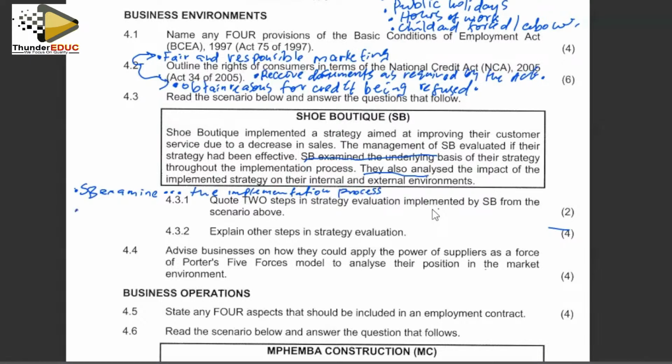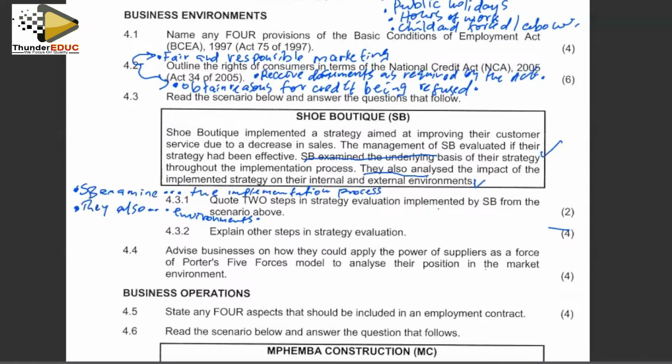And also the second one, we are saying that they also analyzed the impact of the implemented strategy on their external and internal environments. Okay, so now these are the two codes from this scenario, which is this code and this code.